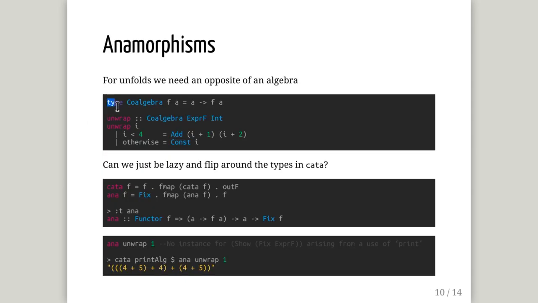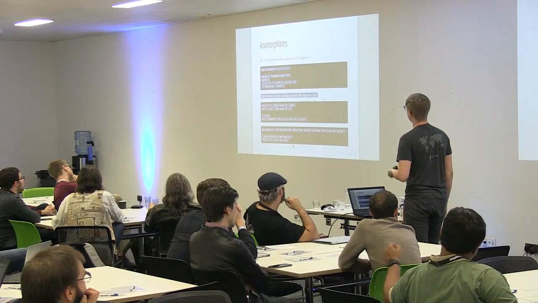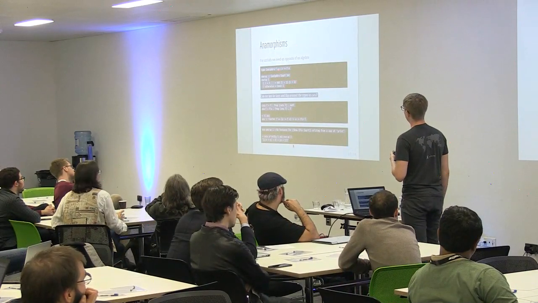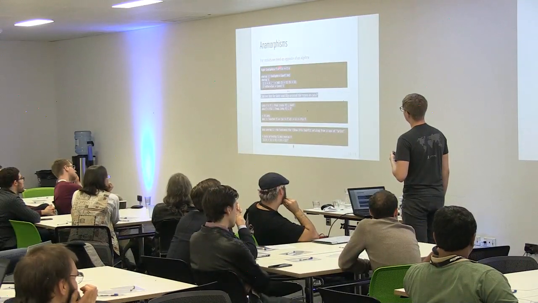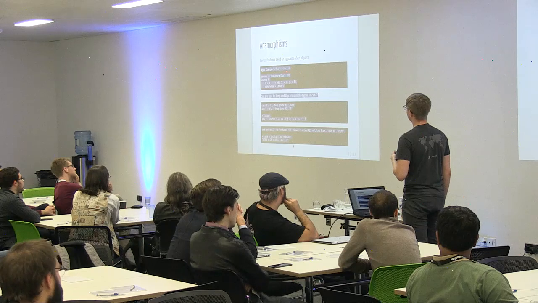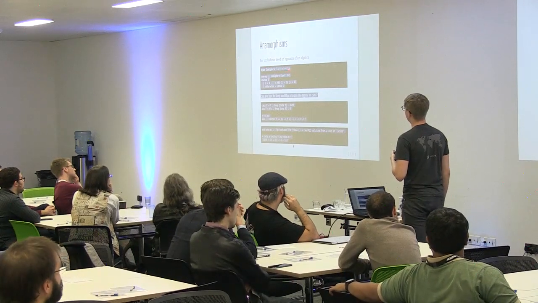So is there a way to get unfolds? Yes. So the previous operation, the one that was in algebra, we can get the dual of that, which is a coalgebra. So we get a seed, and from that we get our functor.